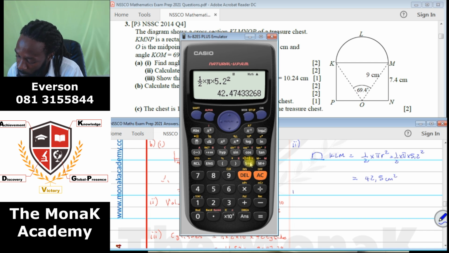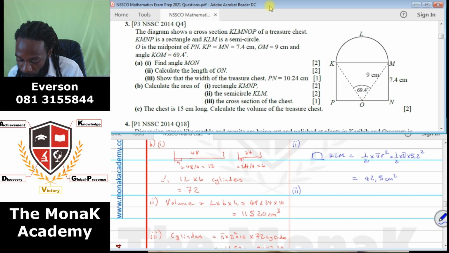And then part 3. Part 3 requires find the area of the cross section of the chest. So now we want to combine the rectangle plus semicircle.